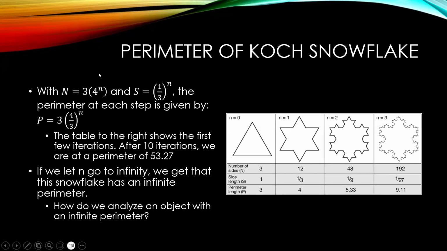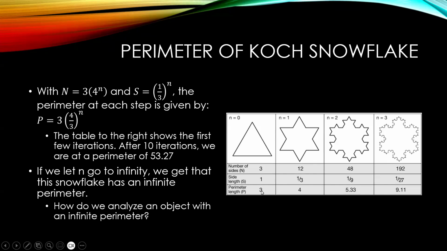Well, if we want to figure out the total perimeter, we would need to multiply those together. So with n equal to 3 times 4 to the n and s equal to 1/3 to the n, the perimeter at each step is given by 3 times 4 to the n times 1/3 to the n, which can be simplified as 3 times (4/3) to the n. This table to the right shows it for the first few values.